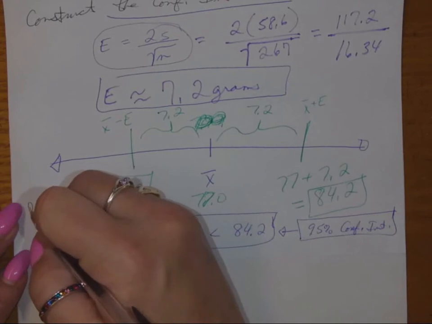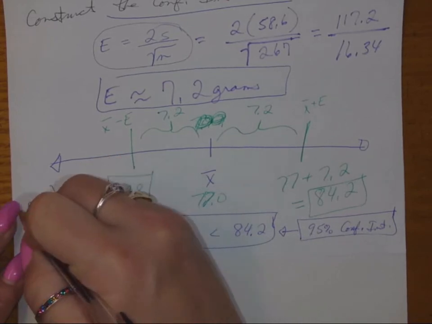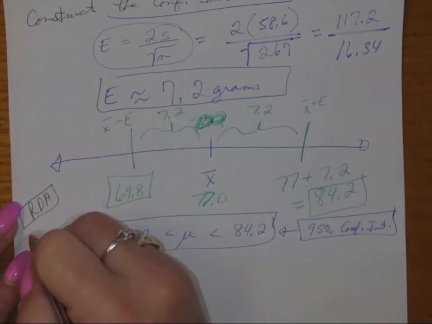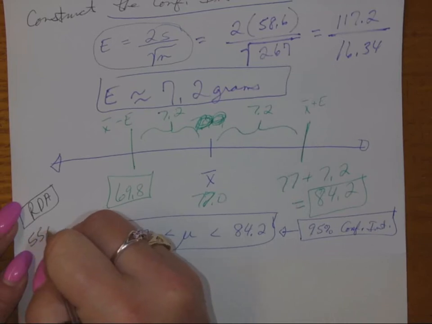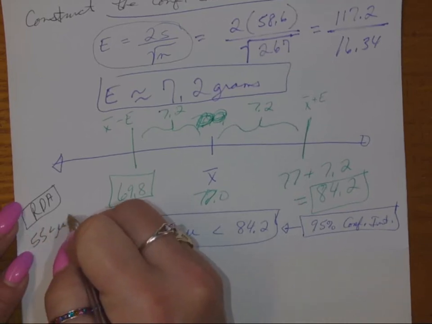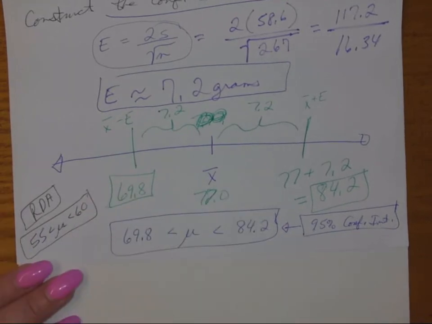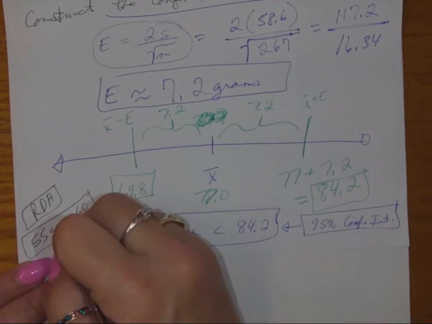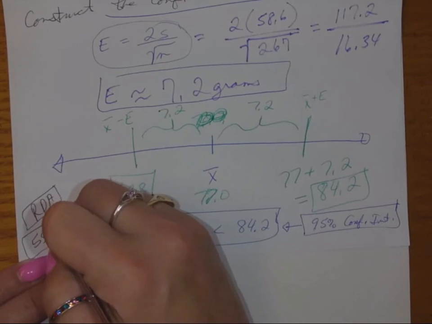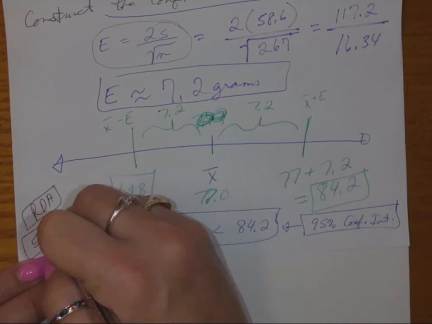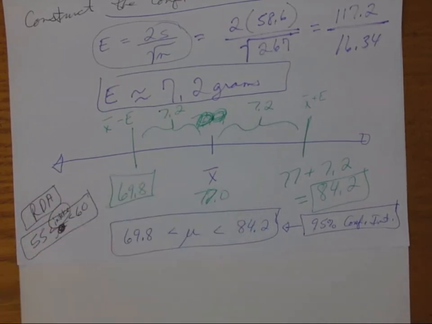So the recommended daily allowance from the government, so to speak, says 55 is less than intake is less than 60. You should eat somewhere between 55 and 60. I guess it wouldn't be mu, actually. Let me say intake. Not mu, sorry. I'm getting used to writing those intervals. Okay, so what they're saying is that on average, men should eat somewhere between 55 and 60 grams of protein.